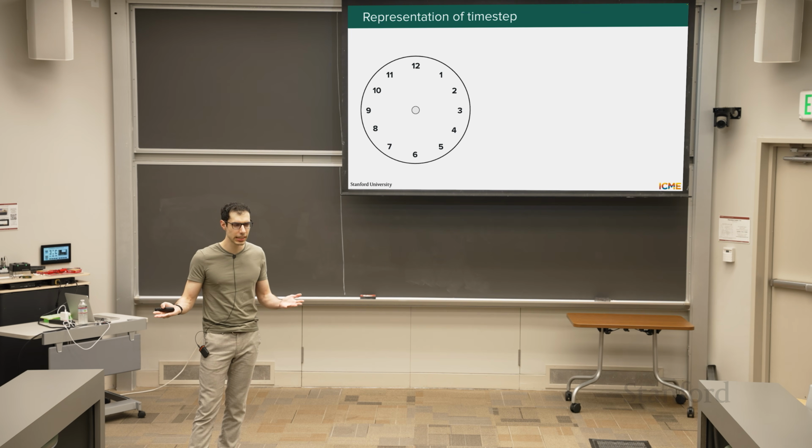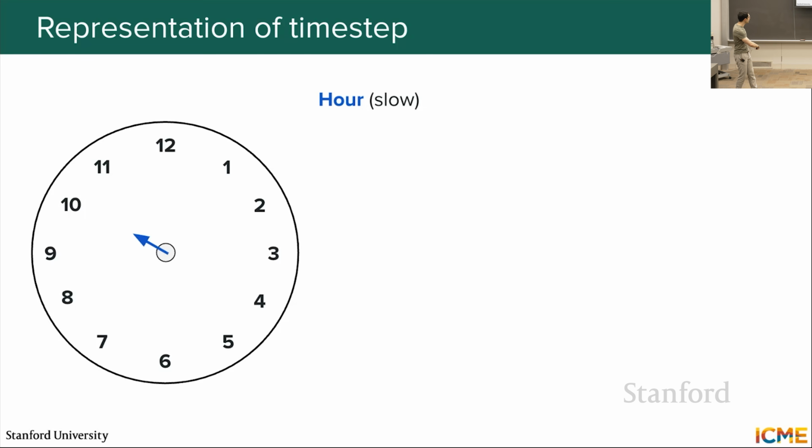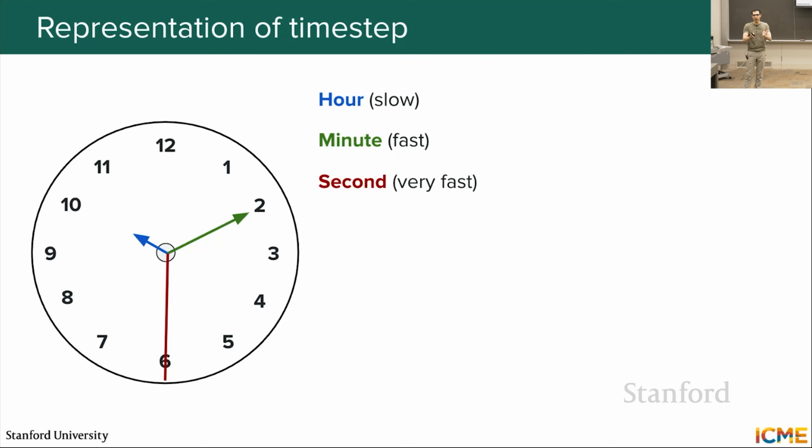You can think of each of these dimensions as being part of a vector. And one thing that's quite interesting about these dimensions is that they run at different frequencies.